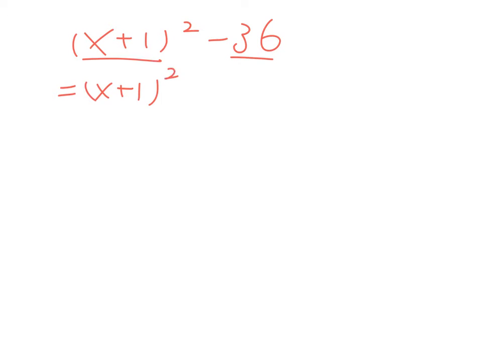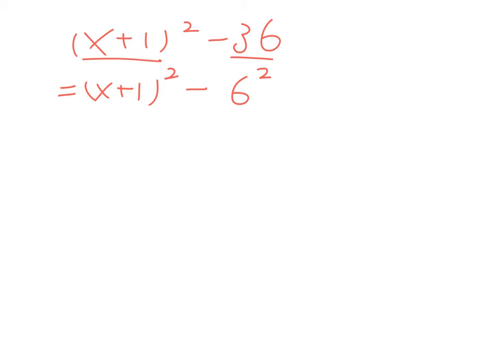Consider this one. For this term, you find that it is a square of x plus 1, okay? So, just like before, we know that when I say a squared minus b squared, a can be anything, including an expression. So that means this one is a square of the whole x plus 1, okay? Now, consider this. We know that 36 can become 6 squared.